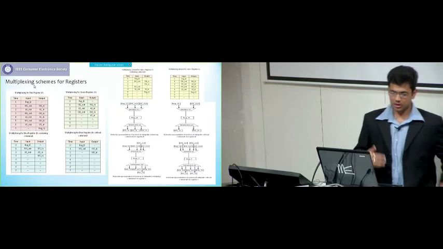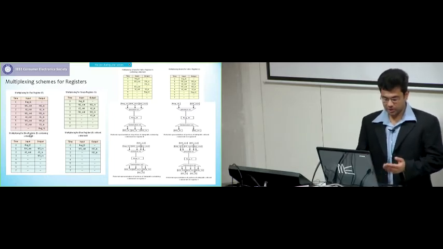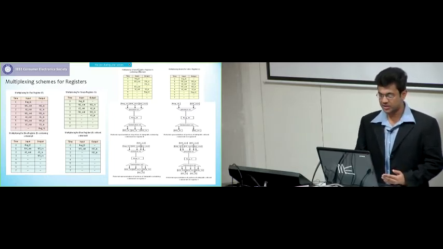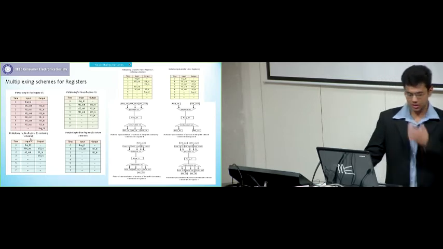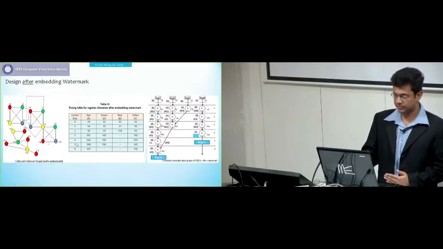The next step is now to convert this into a multiplexing scheme for registers, where we will speak about register blue and register yellow. As you see, the table on the lower bottom half indicates the blue register information, which contains the watermark. How we get this is from the graph we just now spoke about.